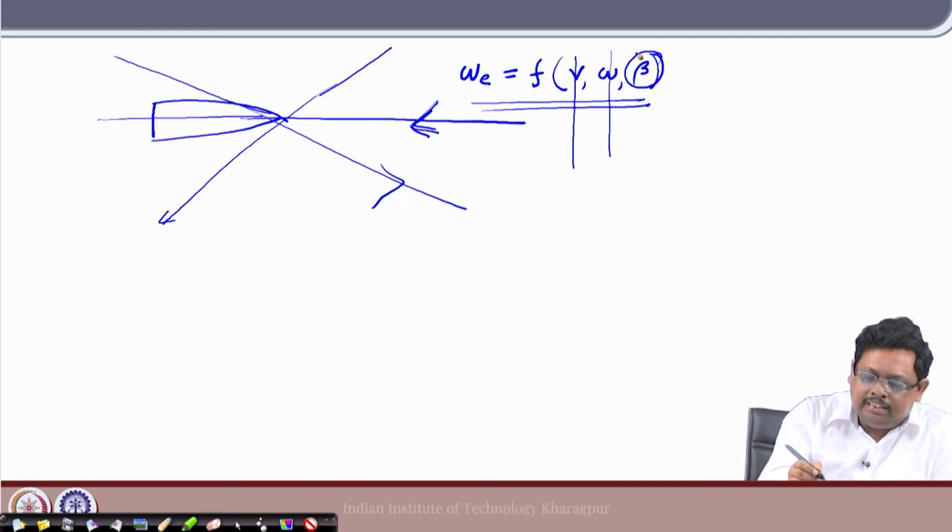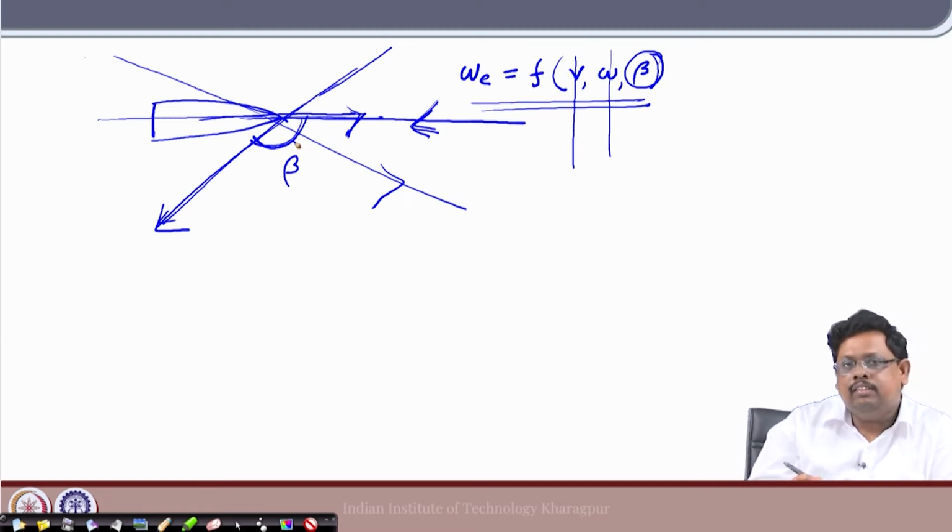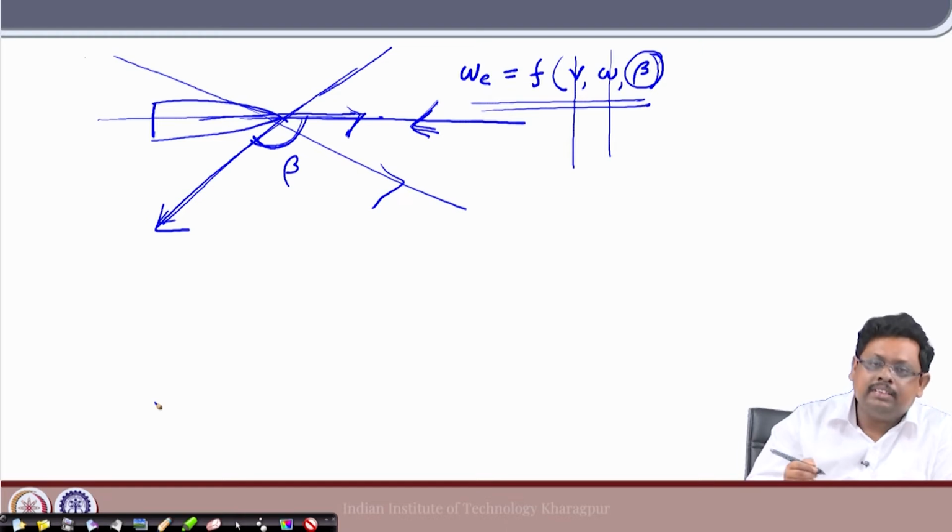Now, beta is, suppose this is the direction of the ship and this is the direction of the wave, normally we can define this angle as my angle beta, which is measured from here to here. Okay. So, with this definition, let us quickly find out the angle of attack for some situations.